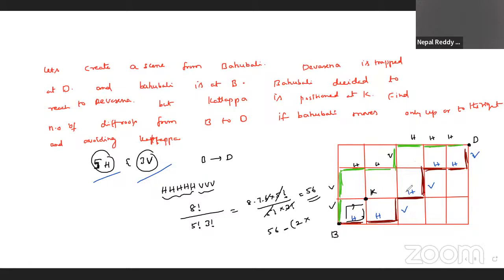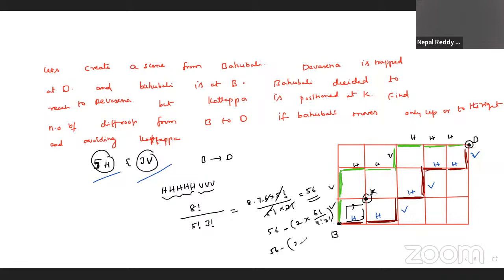Next, Kattappa to Devasena, 6 factorial divided by 4 factorial, 2 factorial, since the total movements are 6.